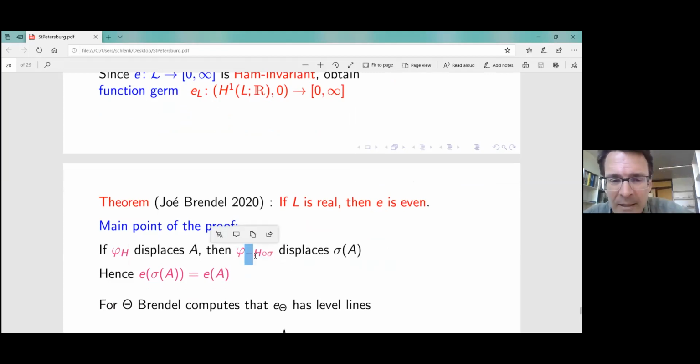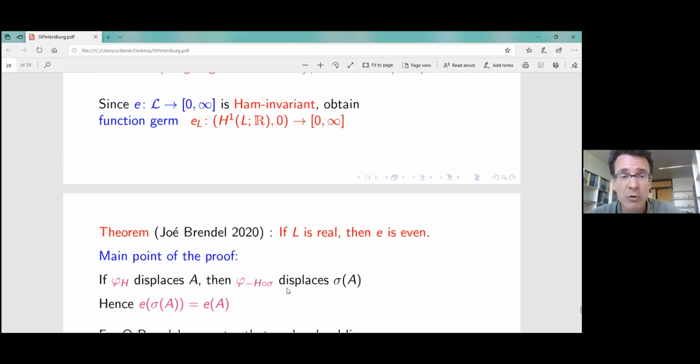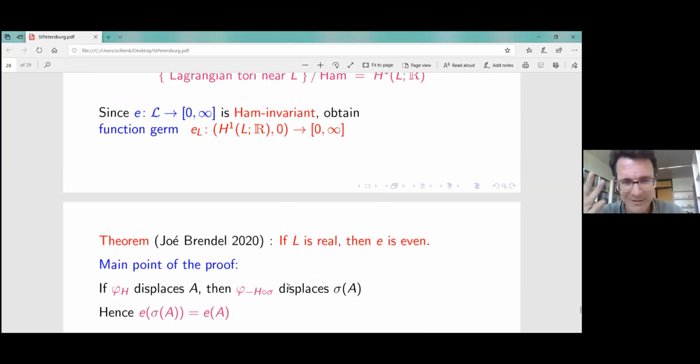But the minus sign you have to plug in doesn't matter because in the Hofer norm you have absolute signs. So then you conclude immediately that the displacement energy of sigma of a set does not change. Okay, and from this, with some fiddling and an equivariant Weinstein neighborhood and being lucky, you get the theorem that the function must be even.